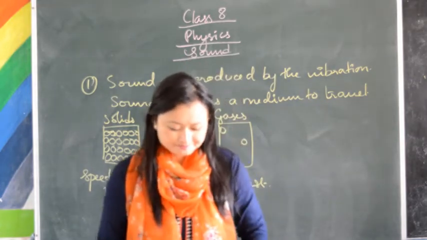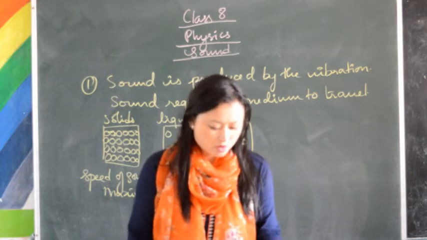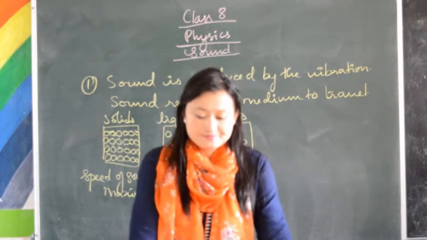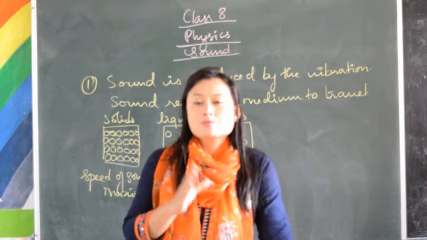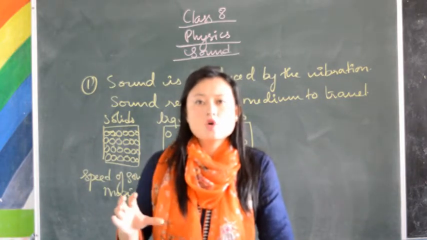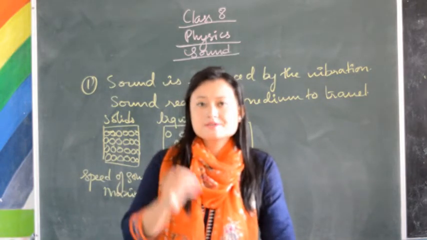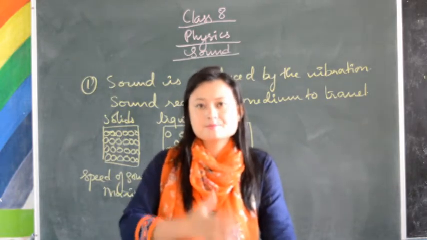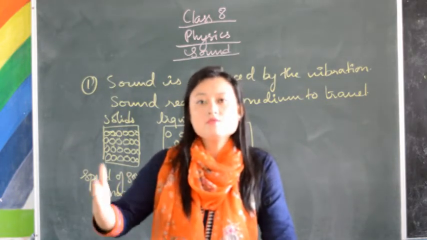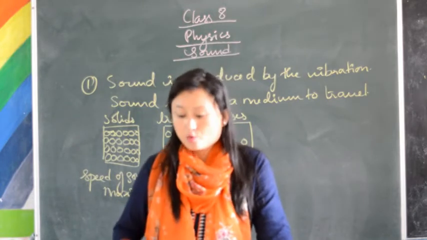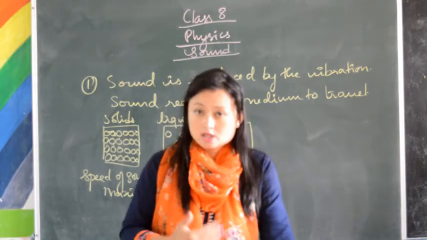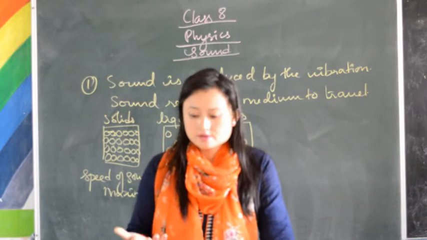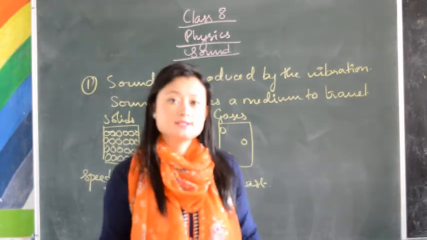Okay, and now, propagation of sound in air. Sound propagates in the form of waves. Propagates means travels: sound travels in the form of waves. Before we move on to how sound travels, let us discuss the types of waves.